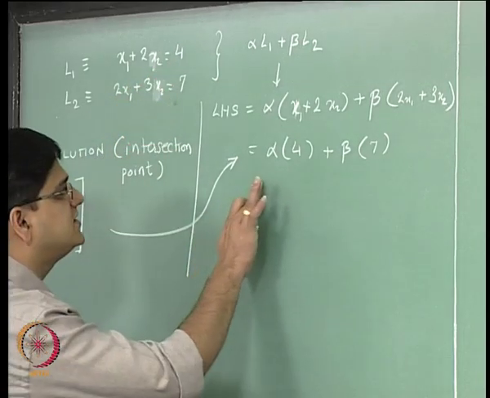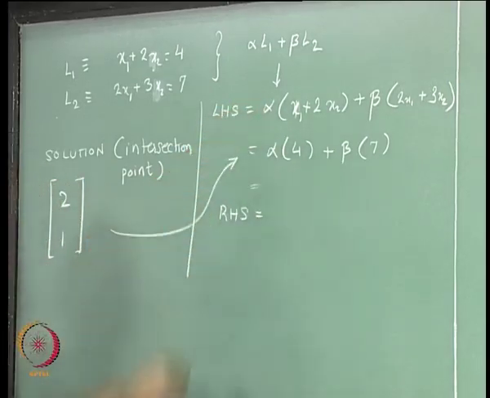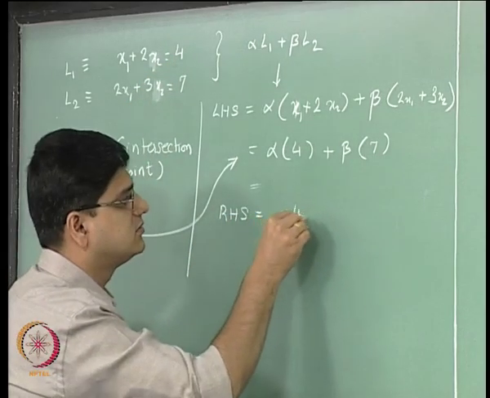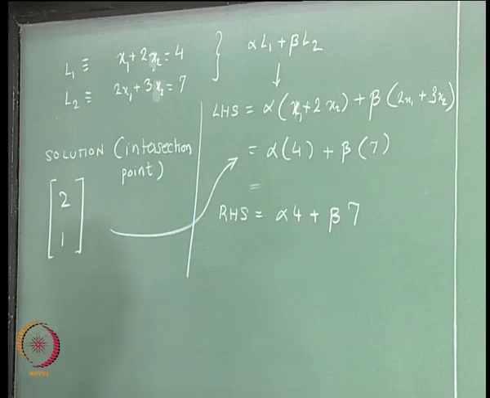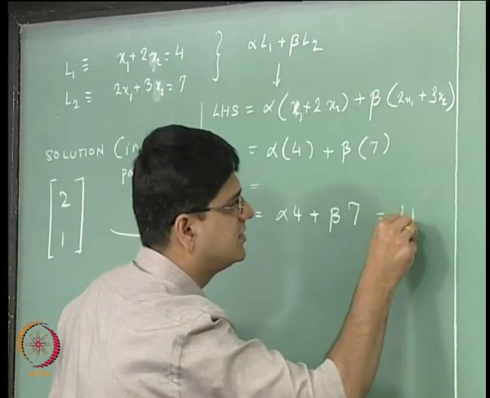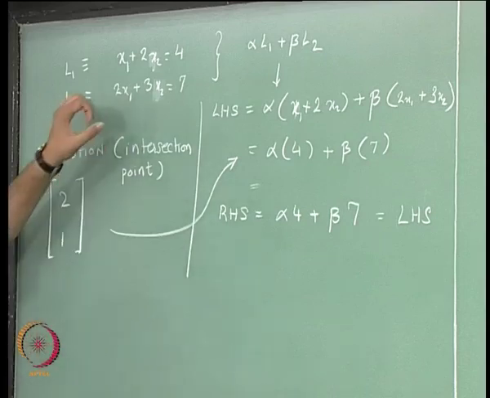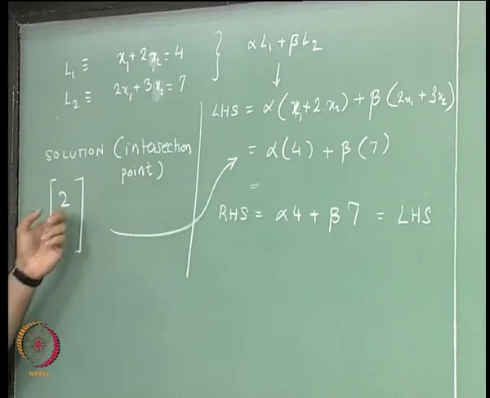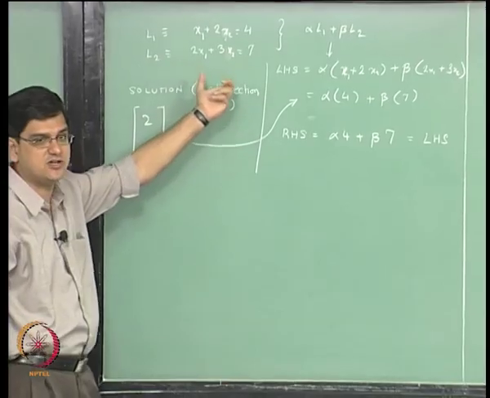So the right hand side of alpha L1 plus beta L2 is going to be alpha times 4 plus beta times 7, which is the same as the LHS. So what does it mean? What it means is that the point 2 comma 1 satisfies the equation L1 and it satisfies the equation L2.